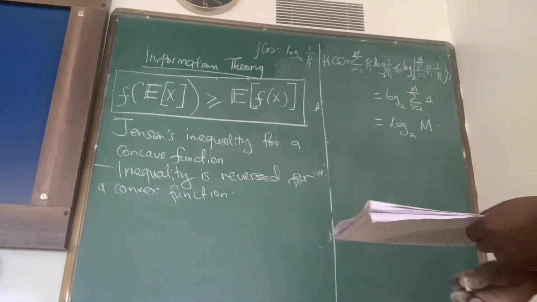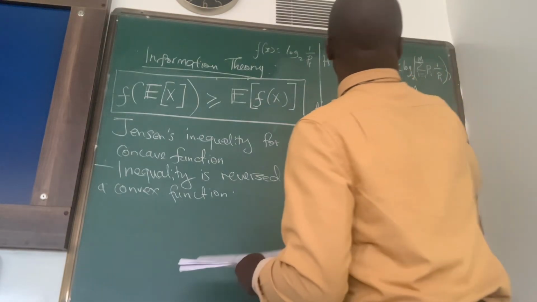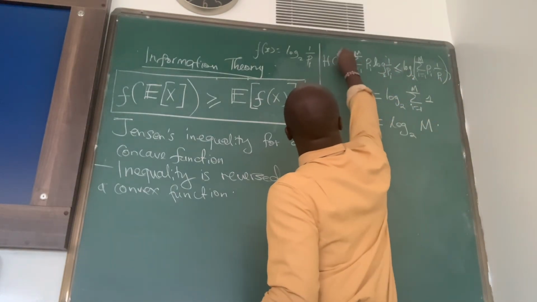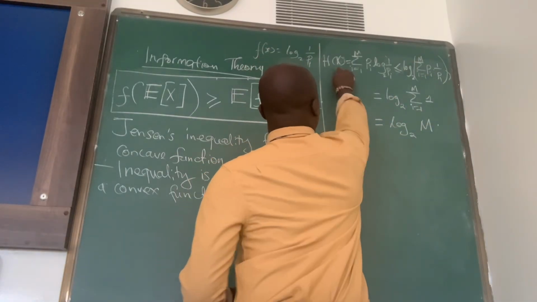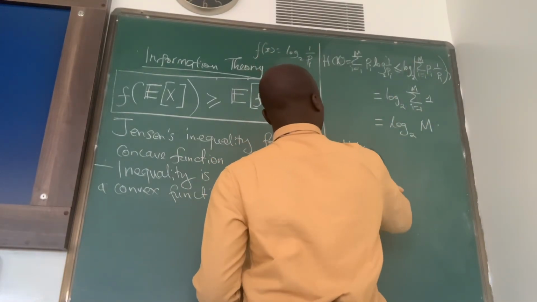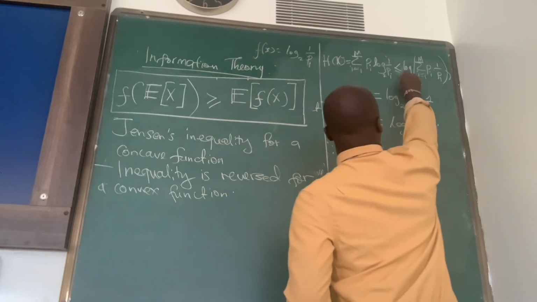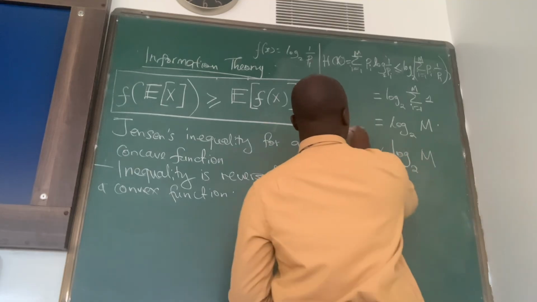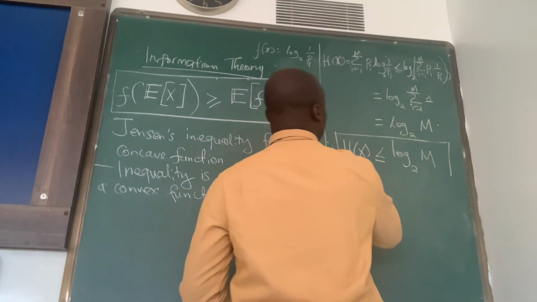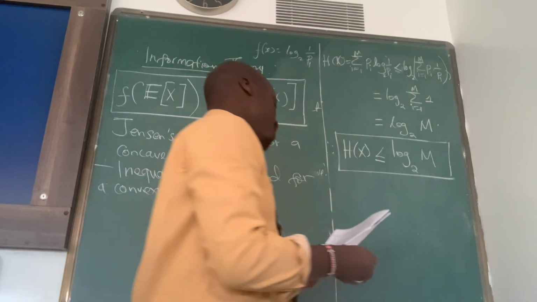And this is H(X). So here we can see that H(X) is less than or equal to log base 2 of m. And that's the proof for entropy maximization.